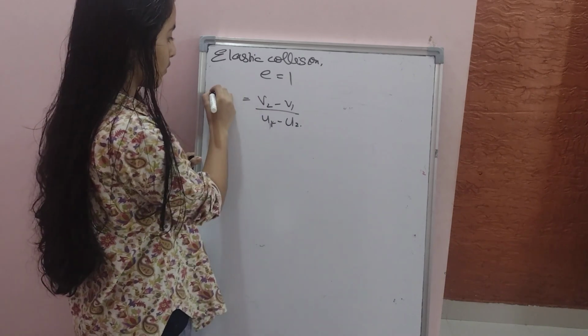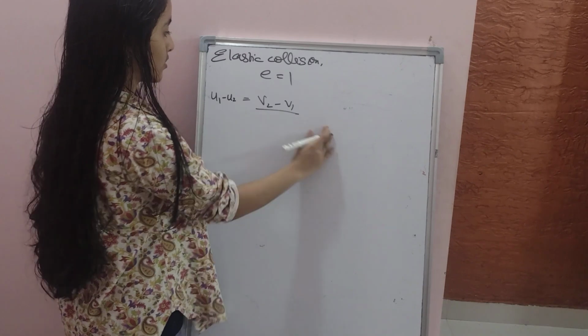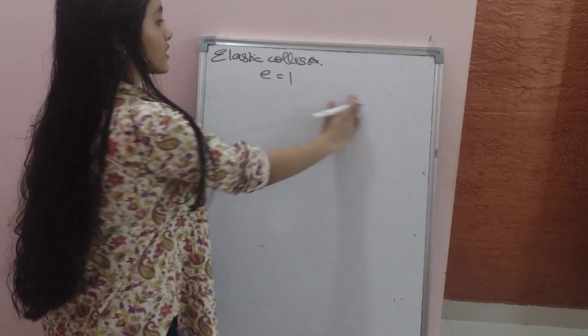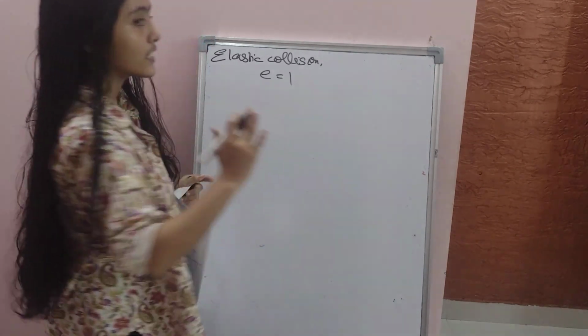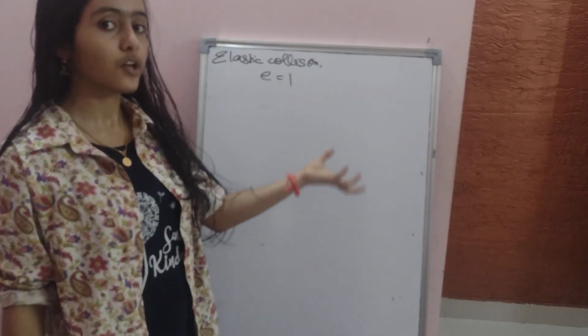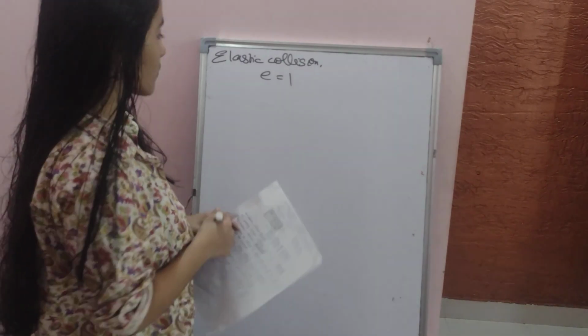See, E value is 1, so U1 minus U2 equals V2 minus V1. It means their relative velocities are the same. That means their relative velocity before collision is equal to their relative velocity after separation. So for elastic collision, E value is 1.